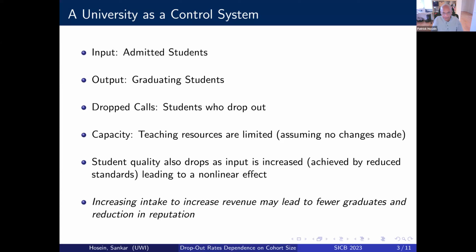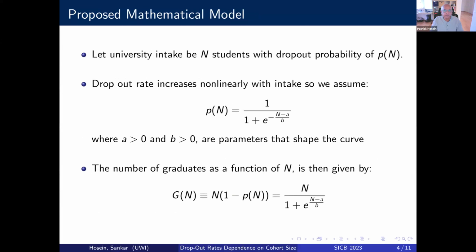So increasing intake to increase revenue may lead to fewer graduates, and if it's a private university, it will be lost in reputation. In the case of Trinidad, it's really more of a monopoly. So we could model this mathematically as follows.